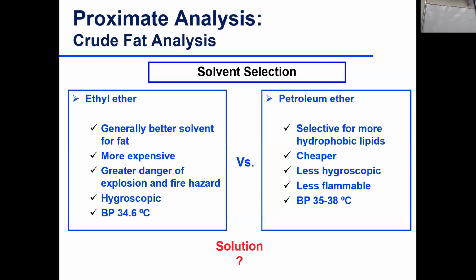Whereas diethyl ether has more fire hazard. So what's the solution? Sometimes we mix both together, which we do for the Mojonier. If you haven't done the lab yet, you'll see that in Mojonier, we have a combination of diethyl ether and petroleum ether.